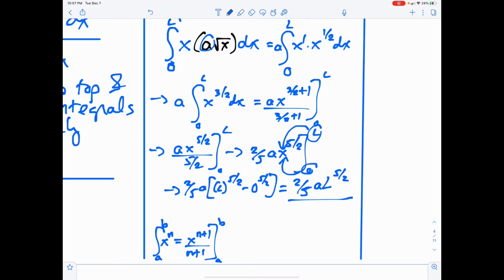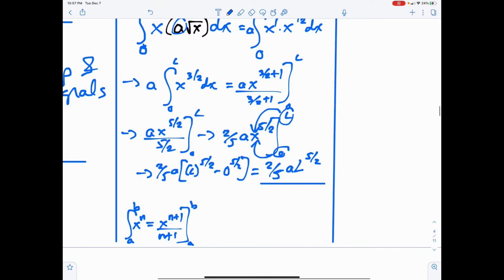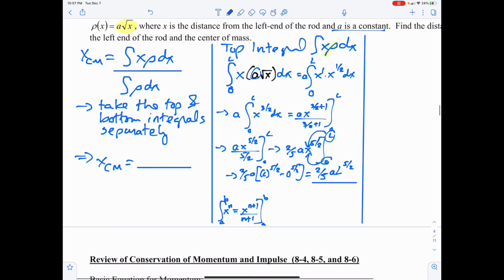So that, ladies and gentlemen, is going to be our top integral. That's what we're going to be plugging in right there. In fact, I'll go ahead and do that now. So the top part of the integral is 2/5 a L to the 5/2 power.